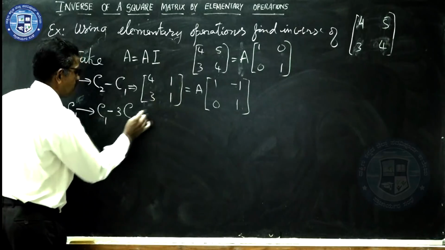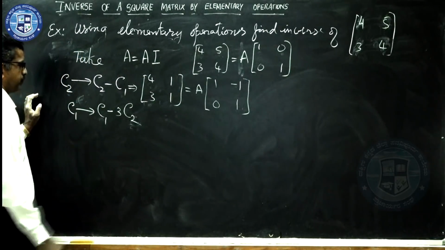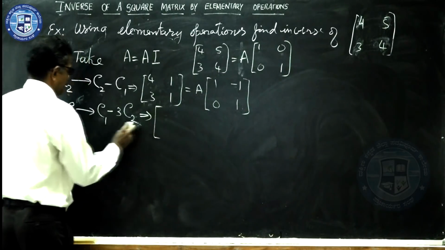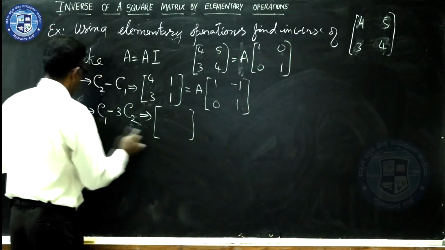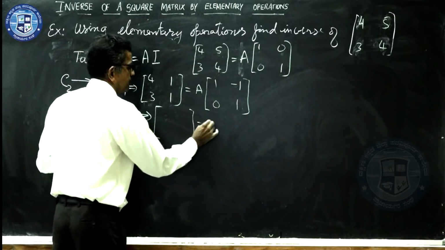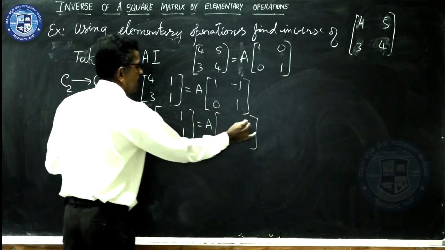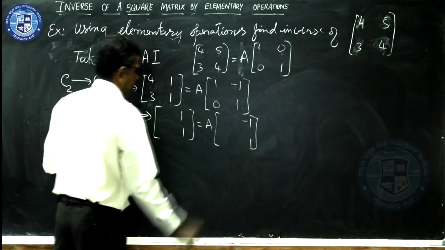C1 minus 3 times C2. This further implies the changes are found in the first column. The second column has no changes, therefore 1, 1, here minus 1, 1.